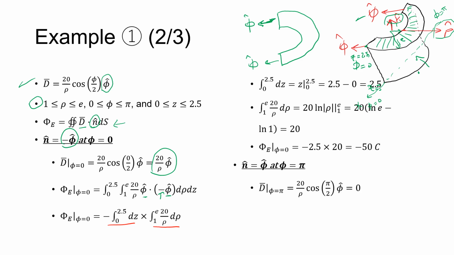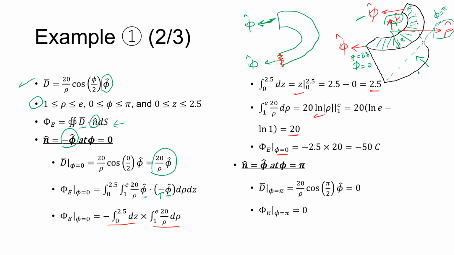One will bring you a ln, and one will bring you just z, and substitute here and calculate the two resulting equations, and then you just get the z component will be 2.5, and the rho component will reduce to 20, and add this together. Then you will get the flux at this specific surface, which is phi equal to 0, equal to minus 50.